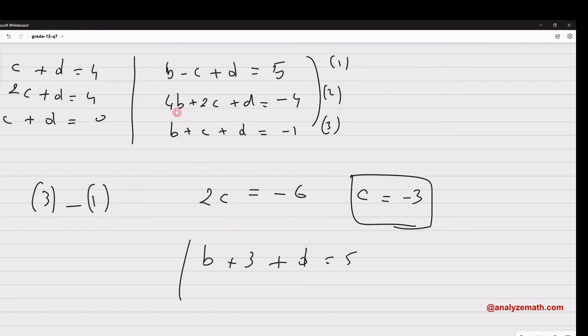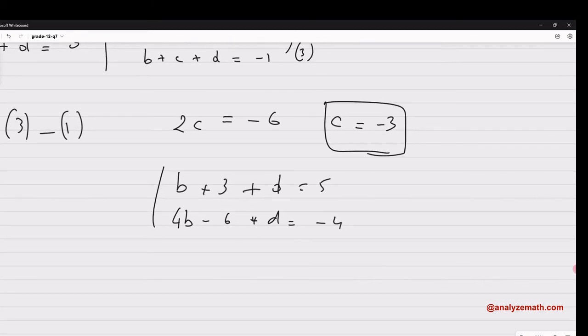Then the second equation gives me 4b, now I have 2c, minus 6, 2 times minus 3, plus d equal minus 4. Now simplify a little bit more. The first one gives me b plus d equal to 5 minus 3. And then the second one gives me 4b plus d equal minus 4 minus minus 6. That gives me 2.